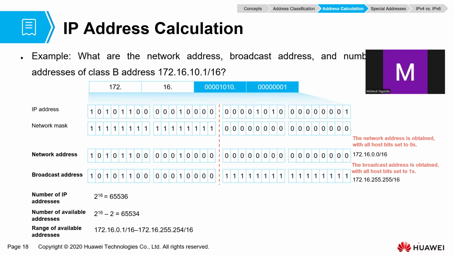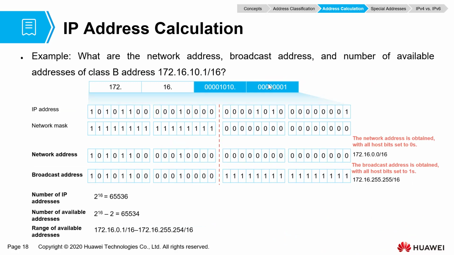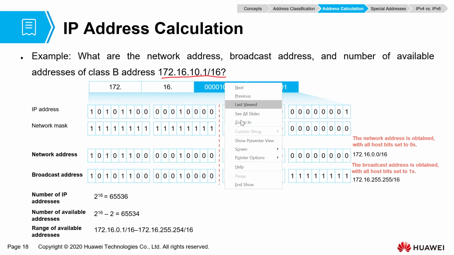What are the network address, broadcast address, and number of available addresses of this class B address, 172.16.10.1/16? So this is another example that we are going to go through.